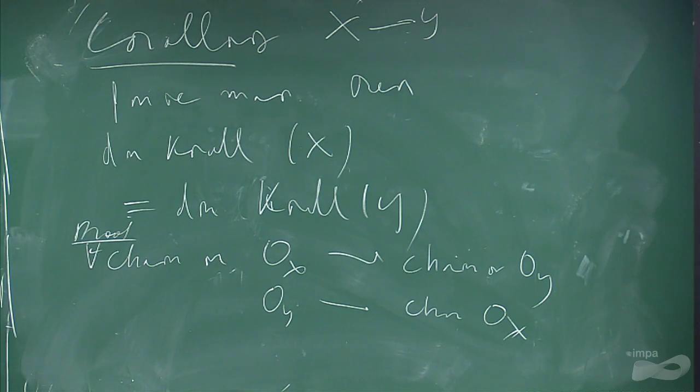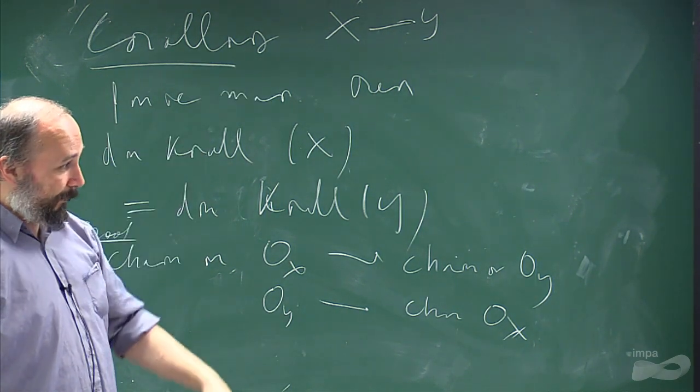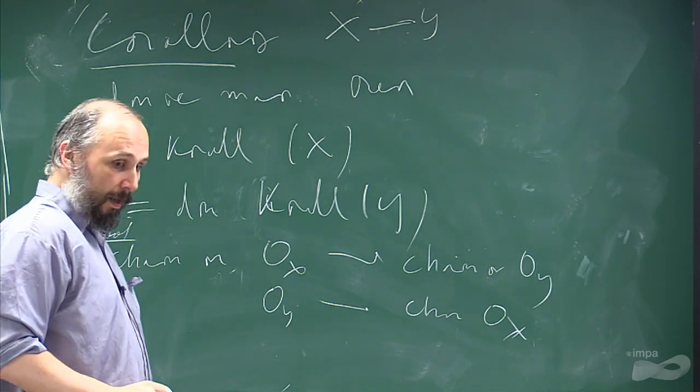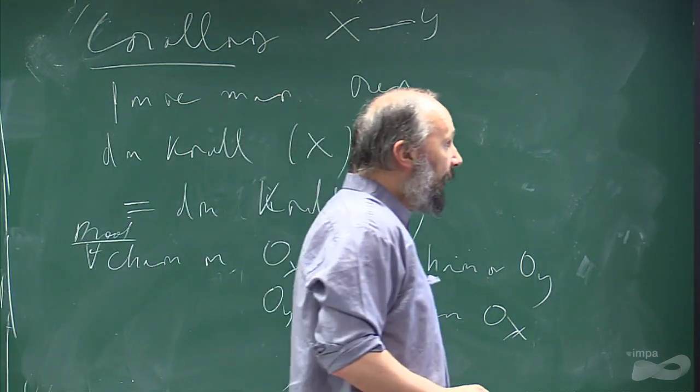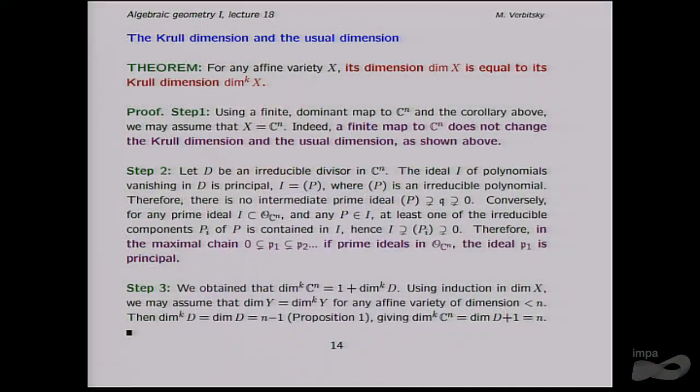Going down and going up gives you a distinct chain from a distinct chain and vice versa. Okay, and now, finally, we can prove the main theorem about dimension: Krull dimension and n dimension are equal.